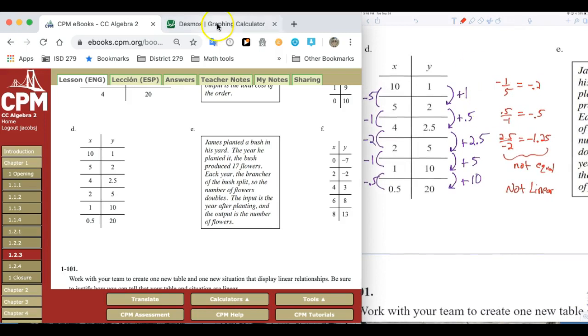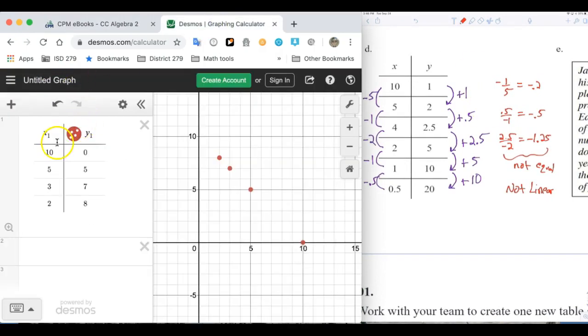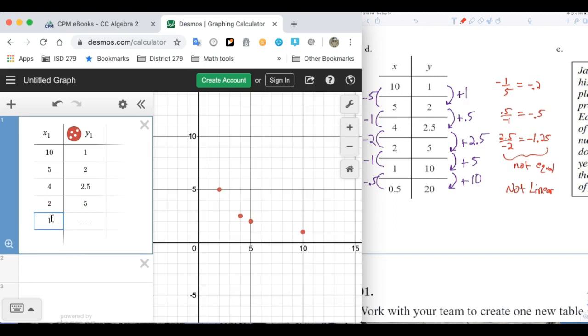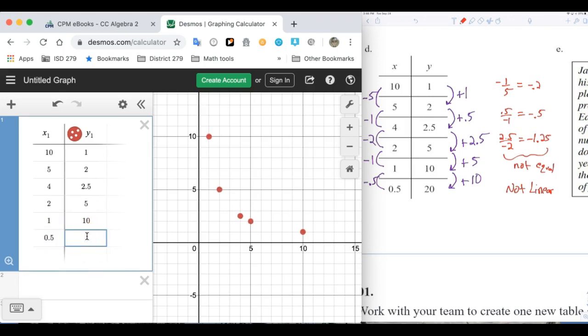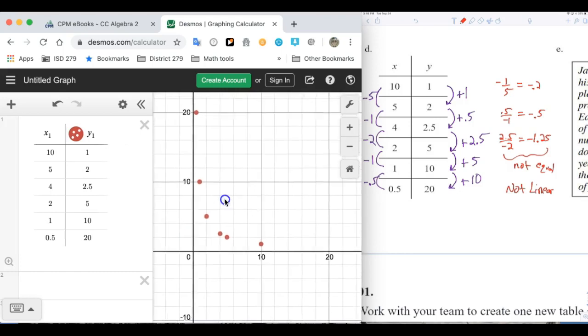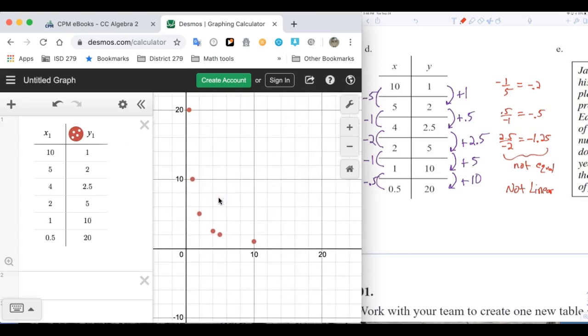And if we pull Desmos up and type in this table, which is the points 10, 1, 5, 2, 4, 2.5, 2, 5, 1, 10, and 0.5, 20, we get a graph that looks a little bit more like the 1 over x graph that we were looking at before.